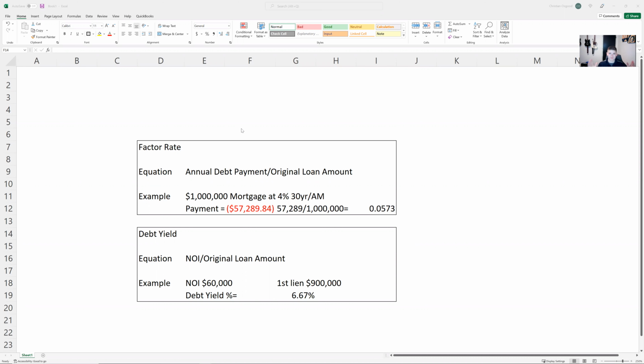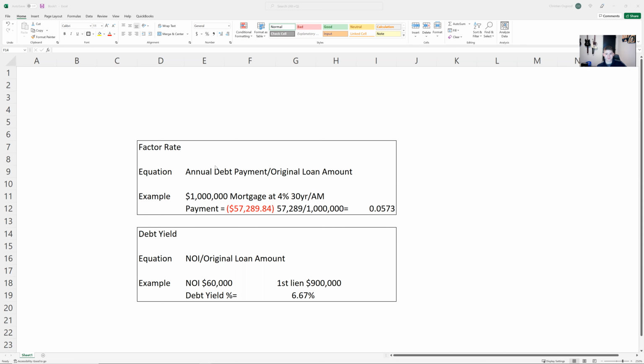You can multiply this factor rate times any loan amount, and you'll know exactly what the payment's going to be based on the loan amount and the loan term, whether it's interest only or whether it is amortized. And you can do this over any amortization period.